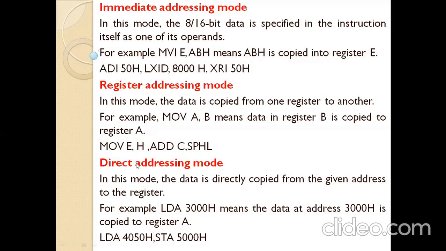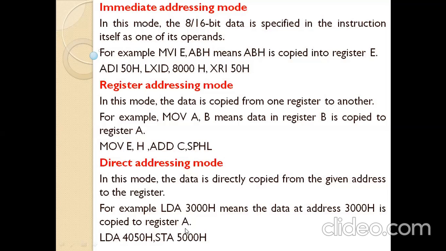Next one is direct addressing mode. Example, LDA 3000. LDA 3000 means the data stored in the memory location 3000 is loaded into the accumulator. Next, STA 5000 means store the accumulator content in this memory location.